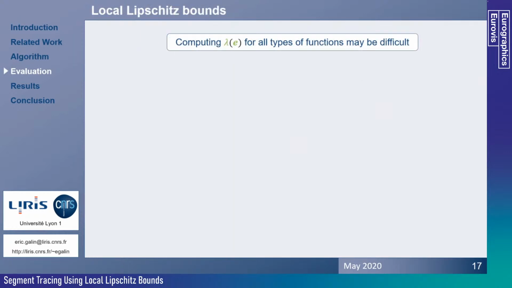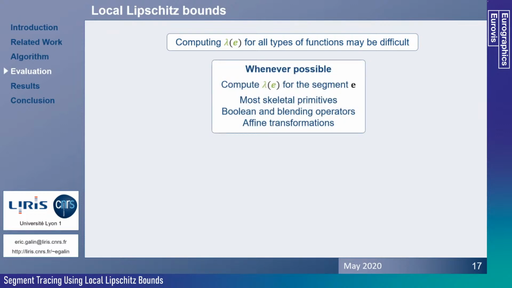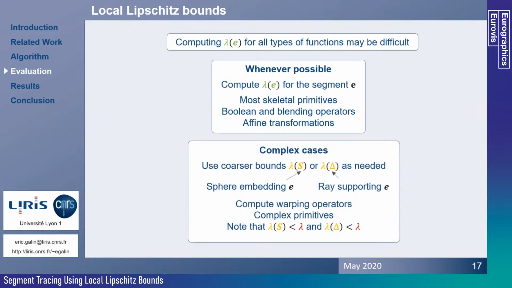Before reviewing different types of nodes, recall that computing lambda over a segment may be difficult in some cases. We rely on the following strategy. Whenever possible, compute lambda of E as accurately as possible. This can be effectively achieved for primitives built from convex skeletons, blending, and Boolean operators. Complex cases include warping operators that deform the segment into a curve, and non-convex skeletal primitives.